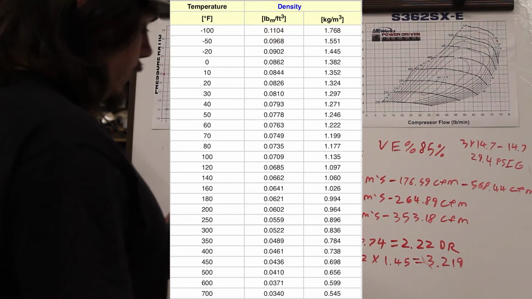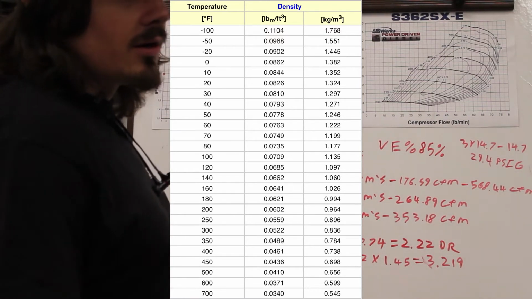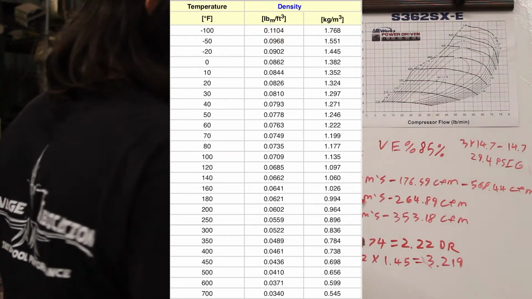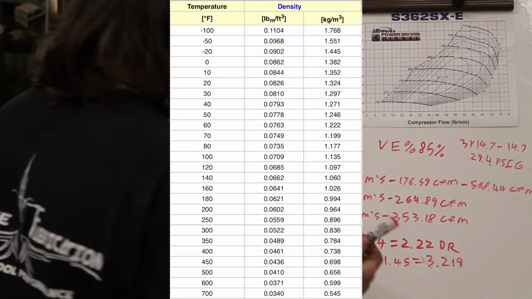So after the intercooler, depending on how hot it is outside, we're just going to use 100 degrees. So we have 100 degree air coming out of the intercooler, feeding our engine.